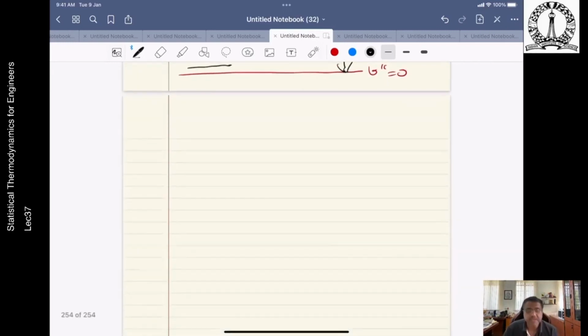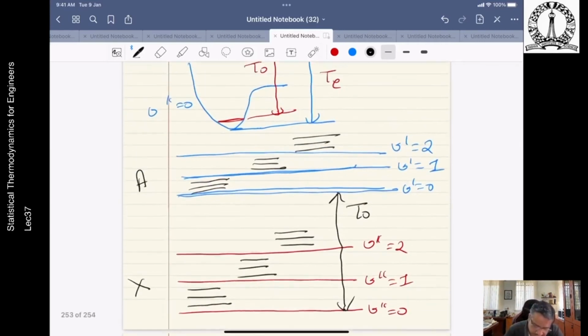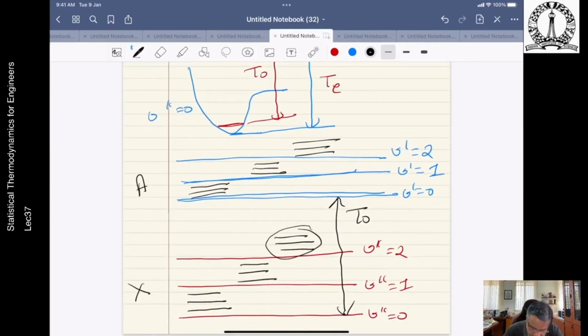This is like an energy level diagram that we have drawn. We have drawn the energy levels for both vibration and rotation within both the ground state and the first excited electronic state. So these are the corresponding rotational bands, and these are the vibrational ones.